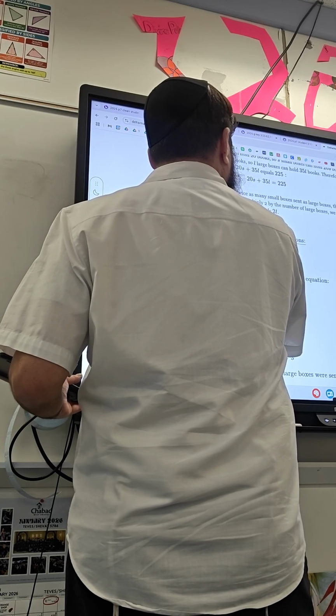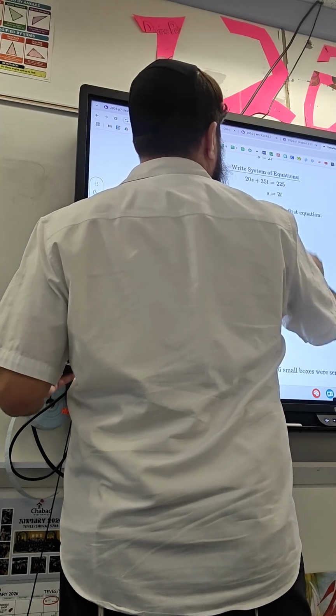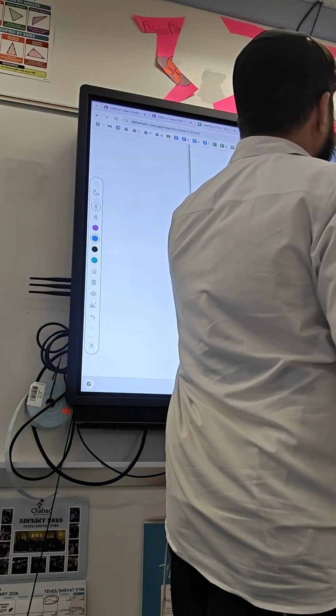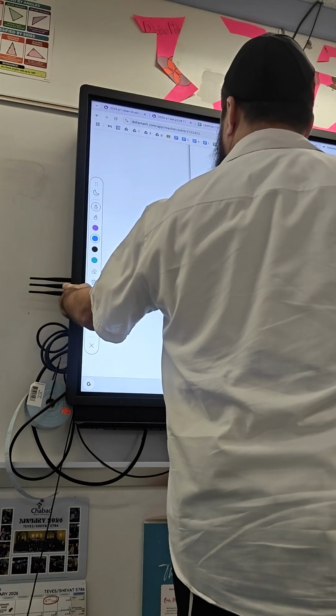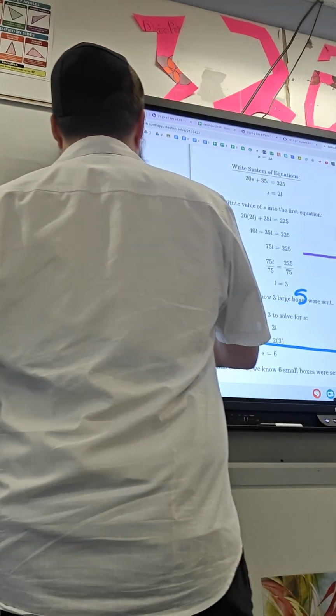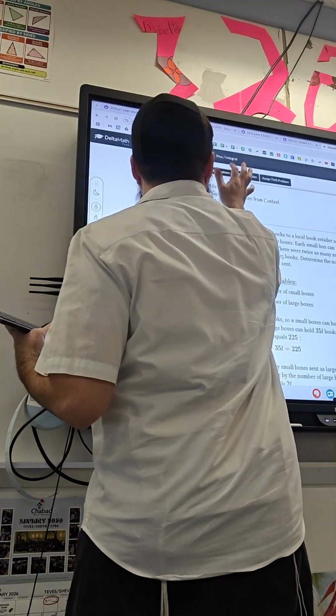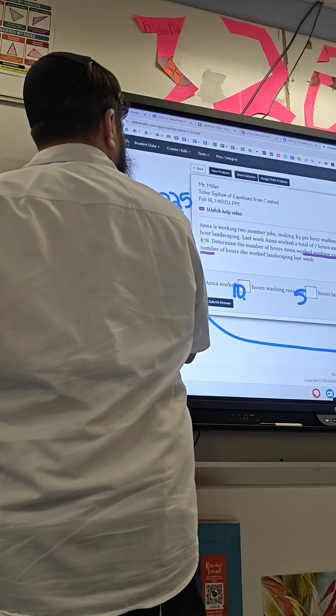They wrote the right equation. See, this is what I get for doing the math in my head. 225 divided by 75 is 3. But I'll do another one so I can show you one fully correct. And there's different kinds anyway.